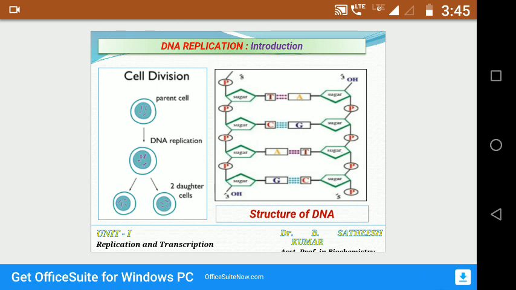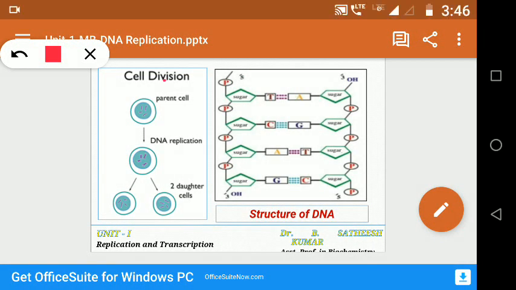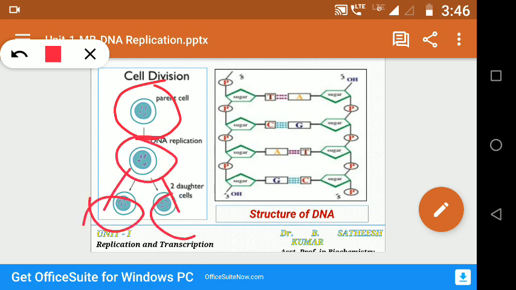Before starting the replication process, we will discuss what replication is. Replication means preparation of copies. Here, if we take any cell, a parent cell, after DNA replication it enters cell division and forms two daughter cells.